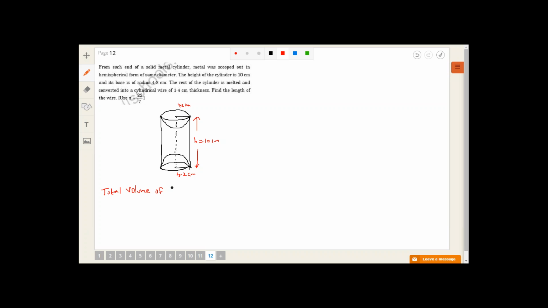Total volume of the cylinder is given by the formula pi r square h, that is equal to 22 by 7 into 42 by 10. I am converting the centimeter, removing the decimals. 4.2 I am writing as 42 by 10 into 42 by 10 into height 10. So the answer will be 554.4 centimeter cube if you calculate.